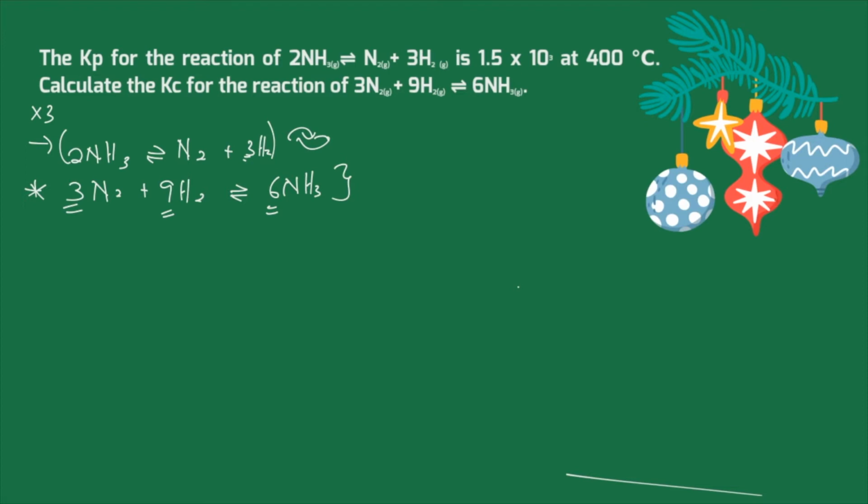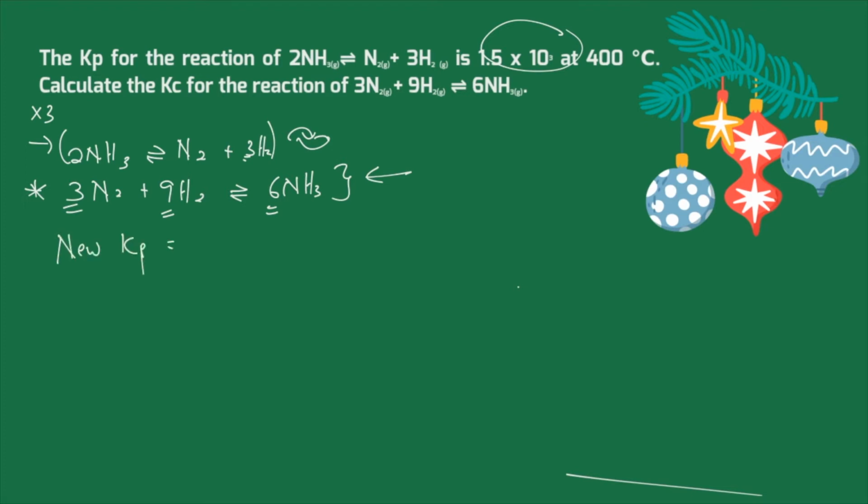So it means that you can't use the value of Kp yet, because you need a new value of Kp that will represent this equation. How are you going to find the new Kp?